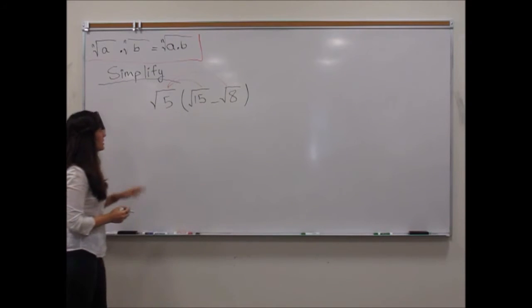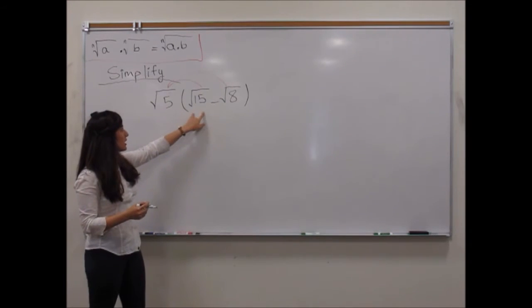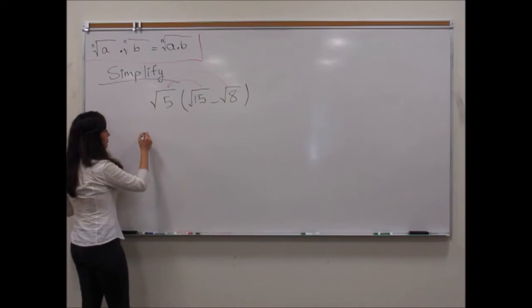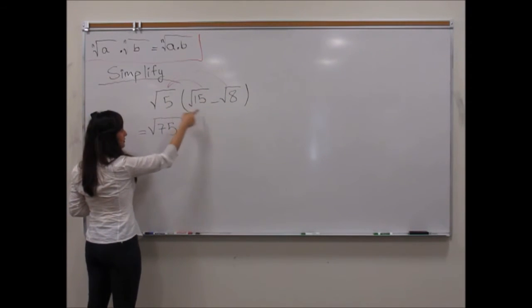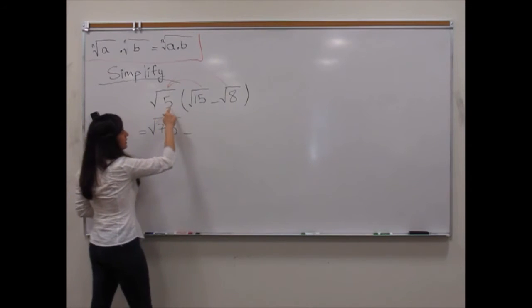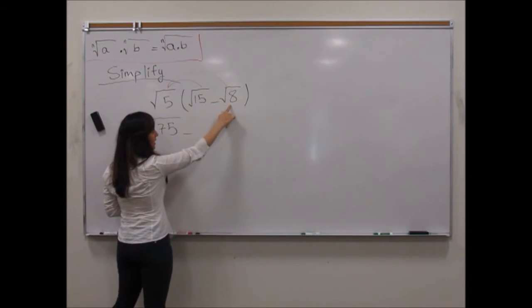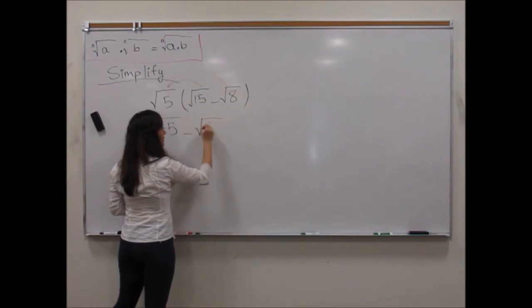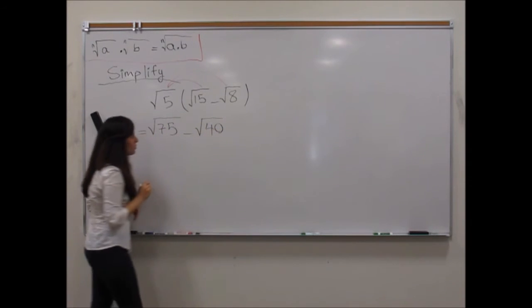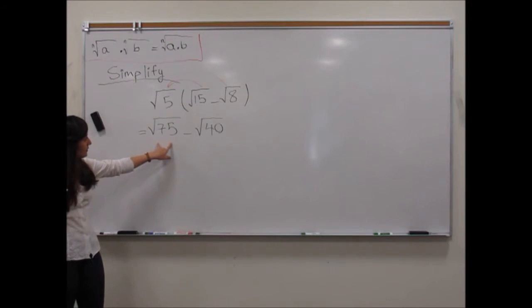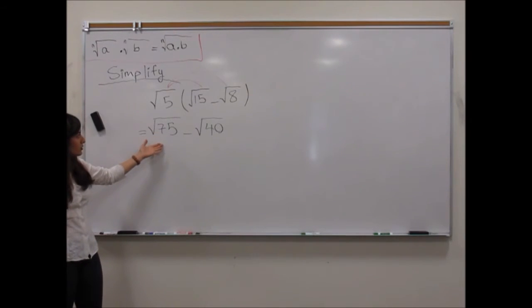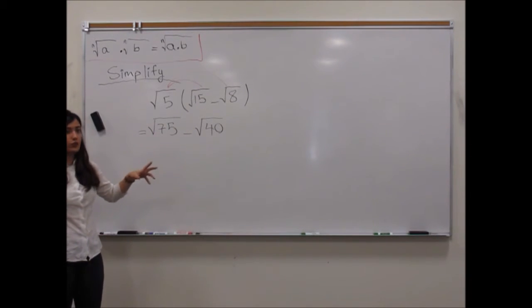Rad 8. So rad 15 times rad 5 would give me rad 75, 5 times 15, and minus rad 5 times rad 8 gives me rad 40. So I'm going to have to simplify them right now. These are square roots, so I have to look for the perfect squares.